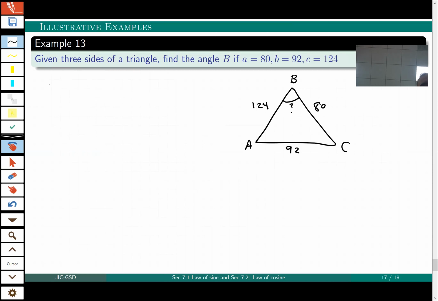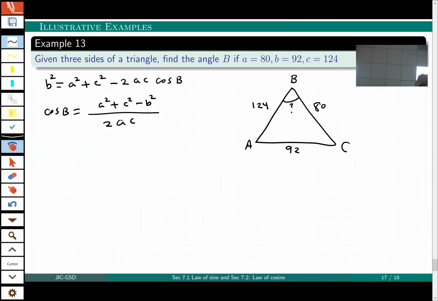So we will say that B squared is equal to A squared plus C squared minus 2AC cosine the angle B, which means cosine the angle B will equal A squared plus C squared minus B squared divided by 2AC.